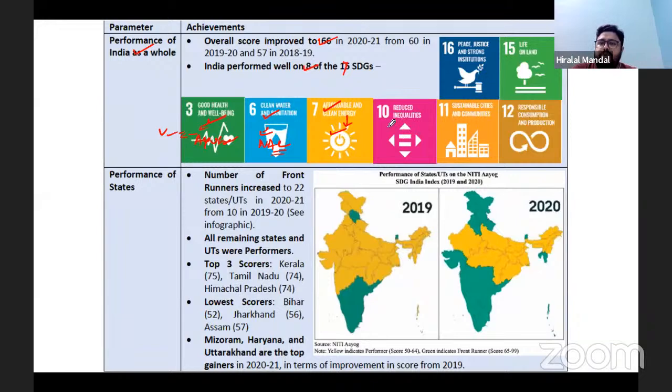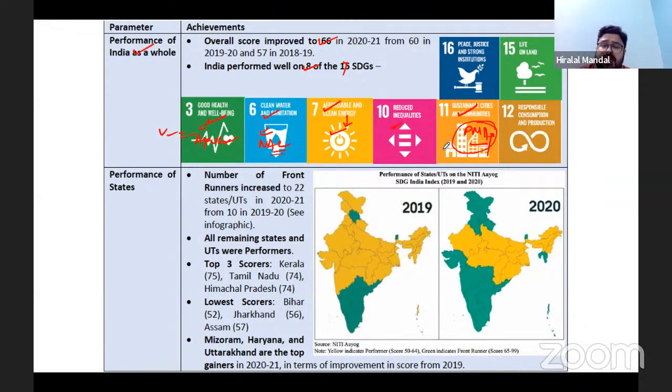Reduced inequality, though it suggests progress, in the sense that the government of India has distributed various resources, at least food resources, to the people, and that's how it is suggesting. Similarly, sustainable cities, so Pradhan Mantri Awas Yojana. During the last few years, we have seen an acceleration when it comes to the Pradhan Mantri Awas Yojana. In fact, in this year's budget also, it has been targeted to deliver 80 lakh Pradhan Mantri Awas Yojana homes to the people.